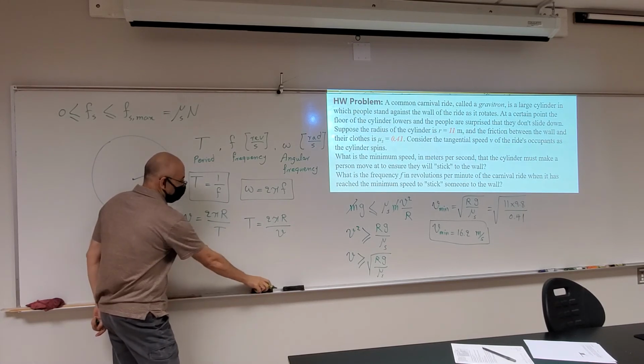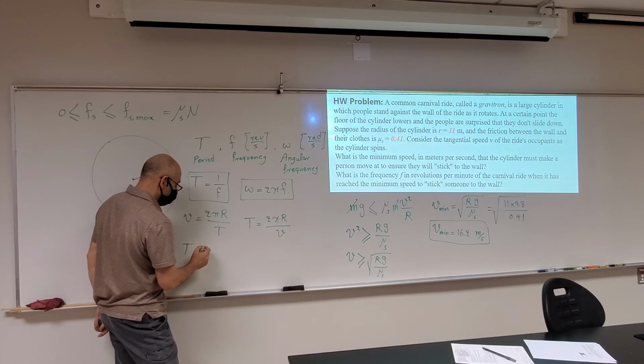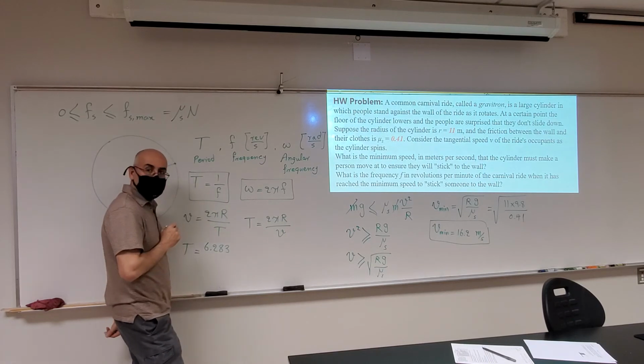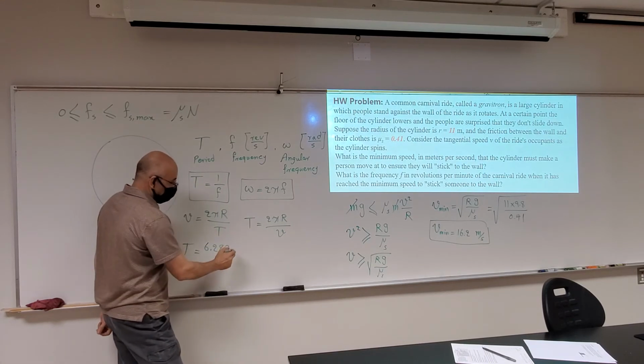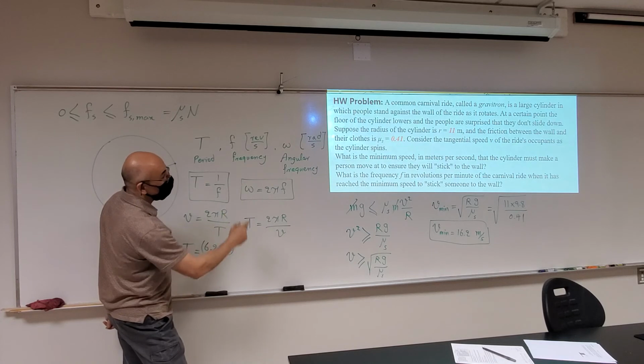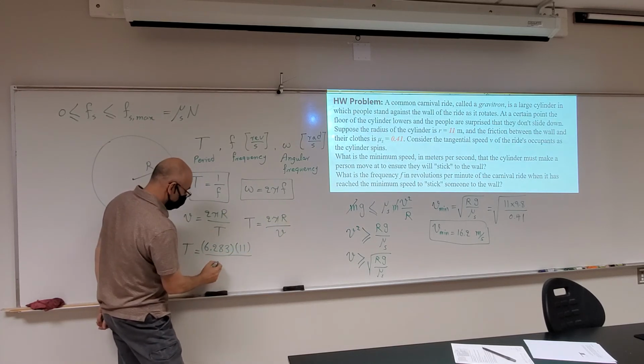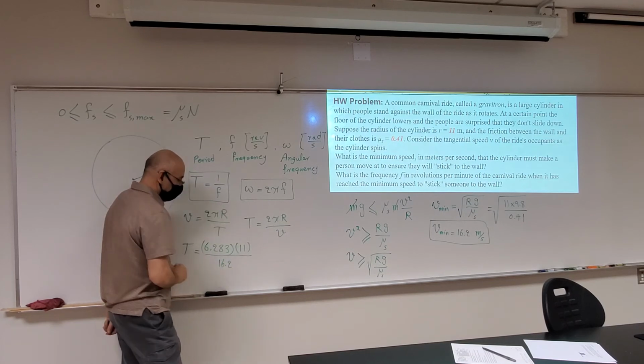So if you put in all of these, T equals 2 times pi, I usually use 6.283, pretty accurate for 2 pi, times r, which is 11, divided by v, which we found, 16.2.